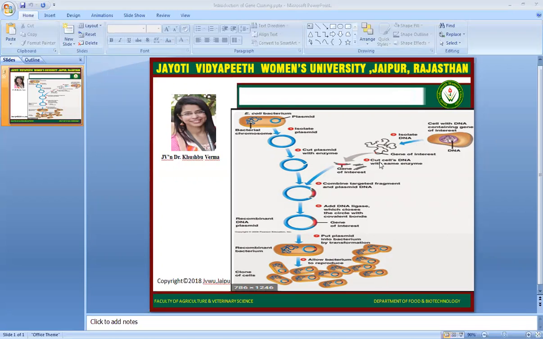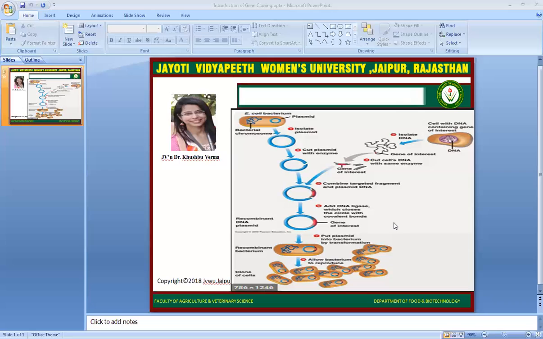Then we will cut the DNA with the same restriction enzyme. These enzymes, for example EcoRI, SmaI, HindIII, will cut the plasmid and the gene of interest at the specific region. Then combine the target fragment and plasmid DNA with the help of DNA ligase.